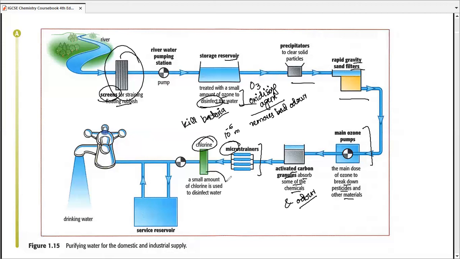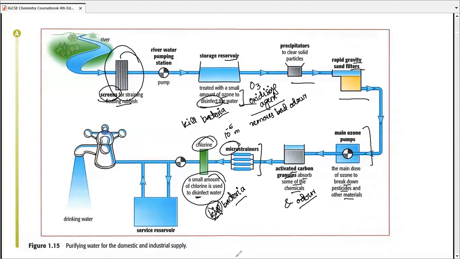Okay. And then we use chlorine. The purpose of chlorine is to disinfect water, means kill most of the bacteria. Sometimes Cambridge thinks that kill is not a better word to use, so we use the word disinfect itself. So try not to use the word kill.